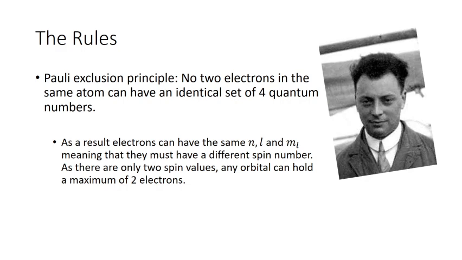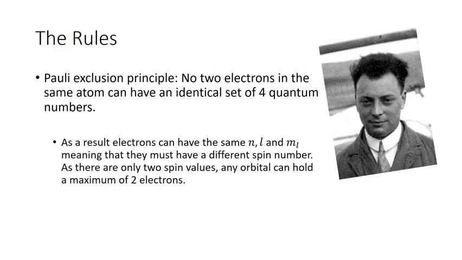If you think back to the orbital notation electron diagrams, where you've got only 2 electrons in any given orbital, that is what this is talking about, because you can only have 2 electrons in any one orbital, and the spin values are going to be different.